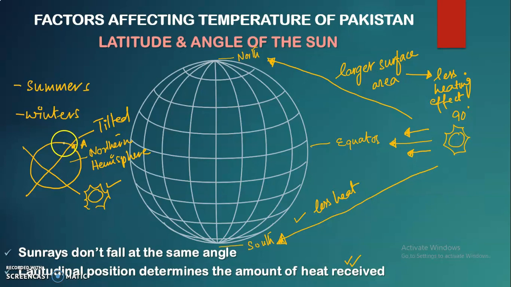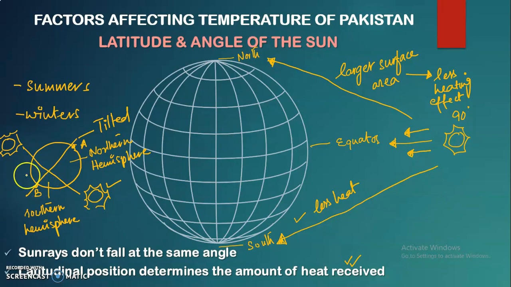The land absorbs more heat because of the high angle of the sun, and it faces the sun for a longer duration. So just because of which in summers you will have longer days and shorter nights. On the other side, when the position of the sun changes and it reaches that place when the winter comes, what exactly is happening over here is that now you could see that the northern hemisphere is more away from the sun, and point B, this portion below the equator, is called the southern hemisphere.